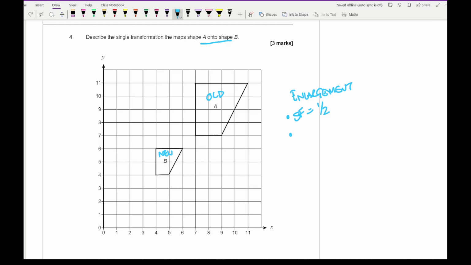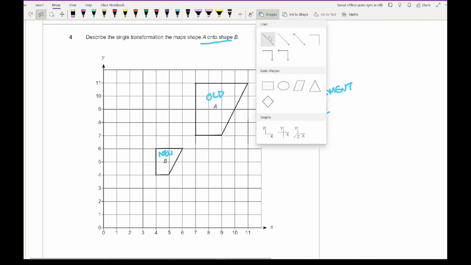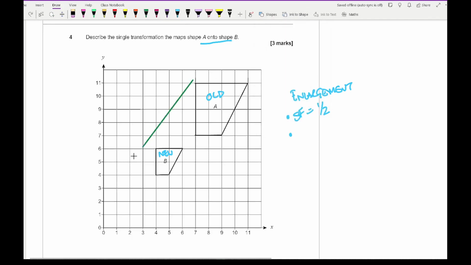So for this what I need to do is get my ruler and join up at least 2 corresponding points. Let me just pick a different color. Let's get the ruler back up. It's going to be extremely awkward doing it on the computer. What you want to do is draw a projection line so it goes through 2 corresponding points.